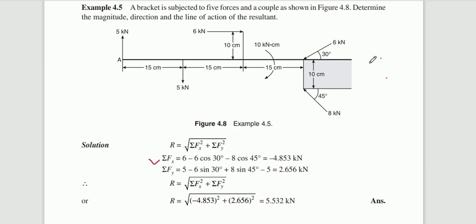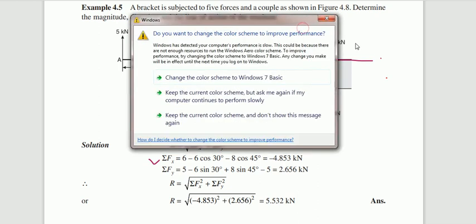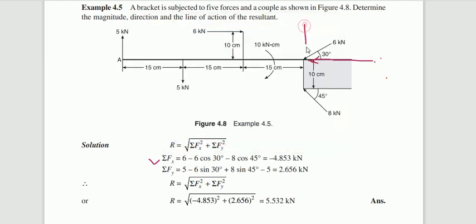By resolving these, you will get components. This is one of the components. Horizontal component, vertical component. Horizontal component is 6 cos 30 and vertical component is 6 sin 30.